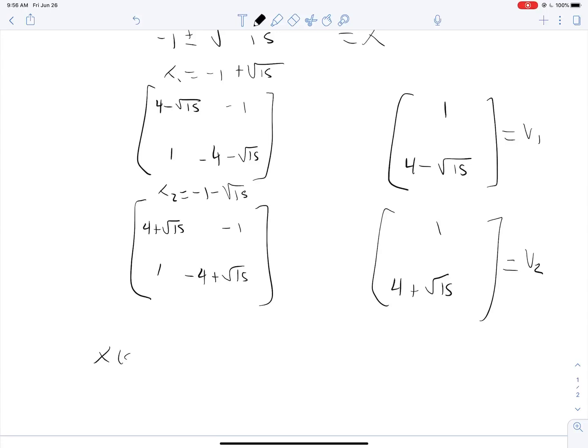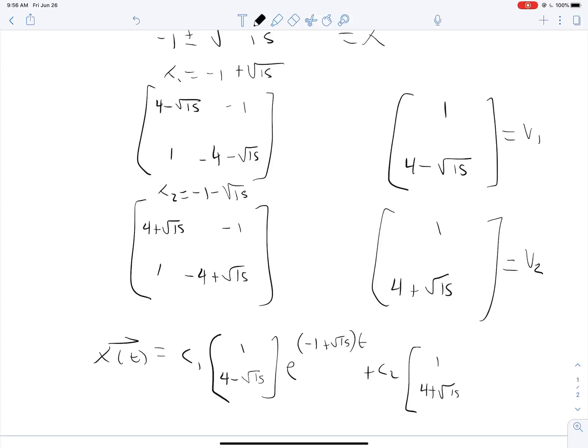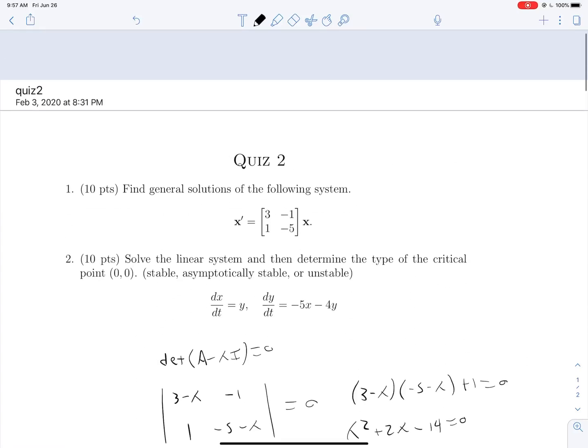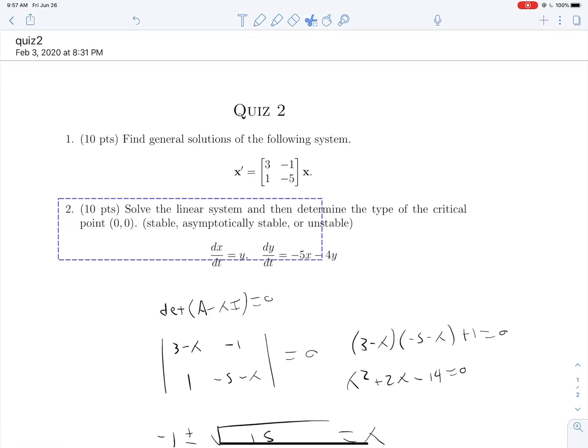So we can say that x of t, that's not a t, x of t is equal to c1 times 1, 4 minus root 15, e to the lambda 1 t plus c2 v2 e to the lambda 2 t. And we are done.